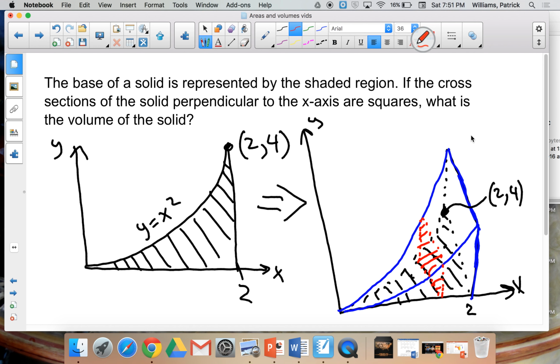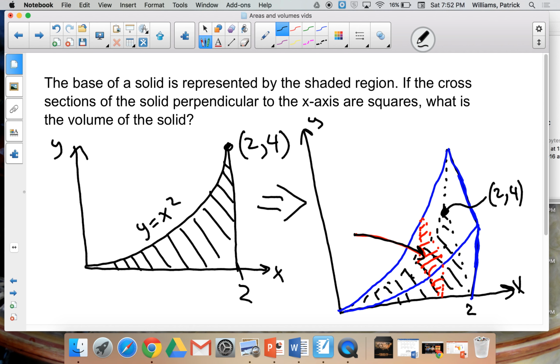If I took a machete and I sliced this volume perpendicular to the x-axis, we would end up with, no, not red. That's okay. We're too deep into the video now. We can't start over. I can't afford to do this again. So anyway, yeah, we get that red shape. Hopefully you can make out that it is a square. So that's what it means by the cross sections of the solid perpendicular to the x-axis are squares.